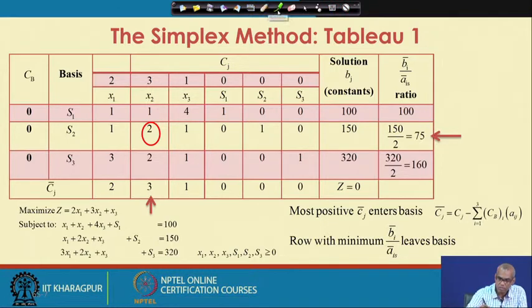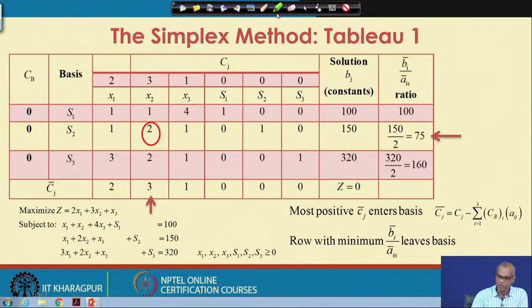So, once the minimum ratio has been computed, we see that 75 is the minimum, corresponding to the second row. So, S2 will leave basis and x2 will enter. So, x2 enters, S2 leaves.